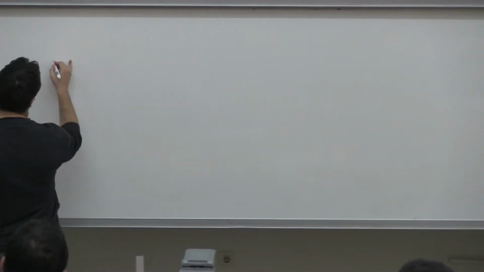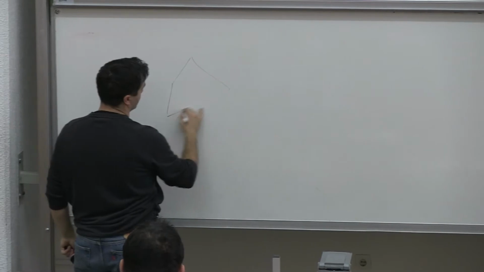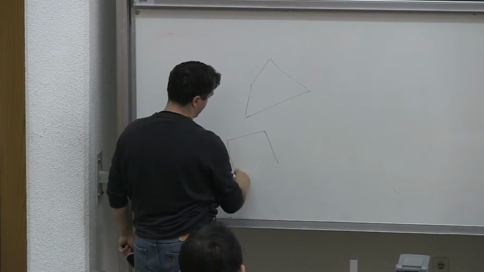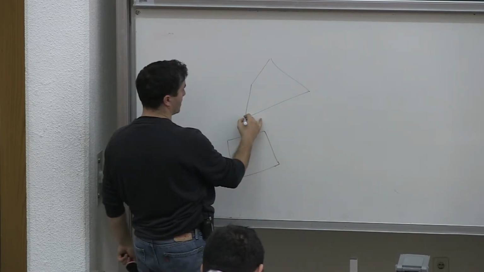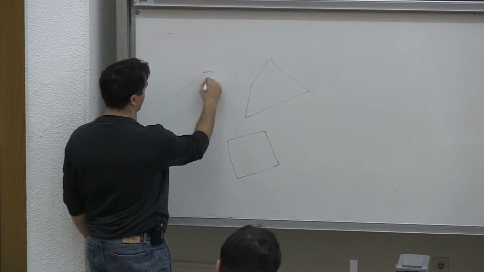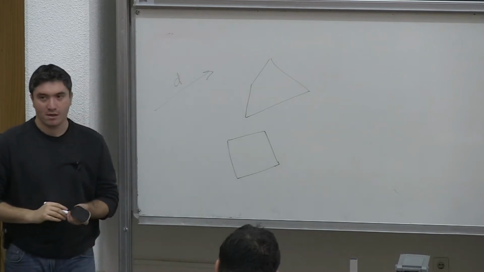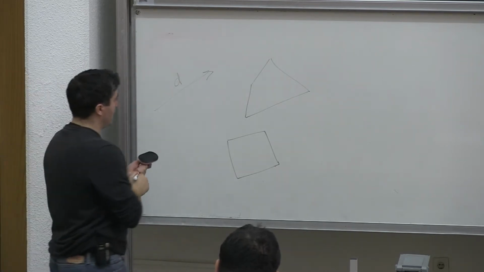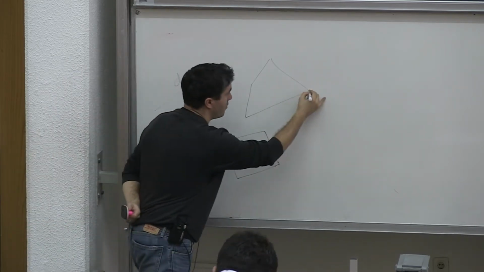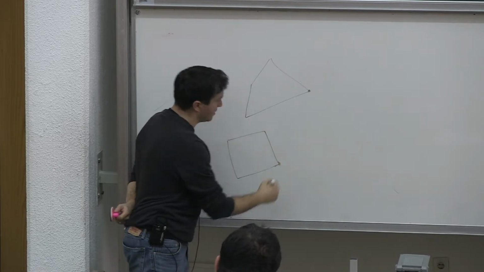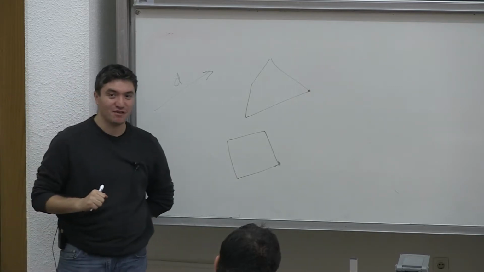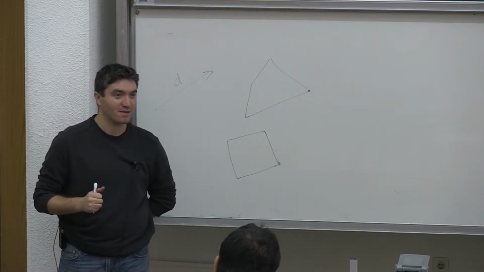So given two convex polygons, these are two separate convex polygons, and given a direction, for example, this direction, the extreme points in this direction in both of these polygons, the summation of these vertices gives us a vertex of the Minkowski sum in that direction.